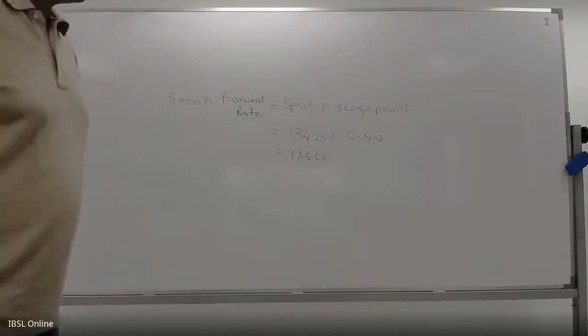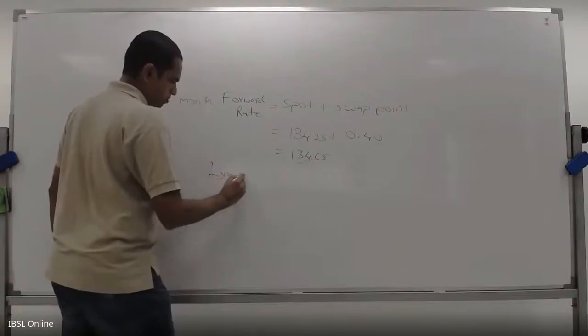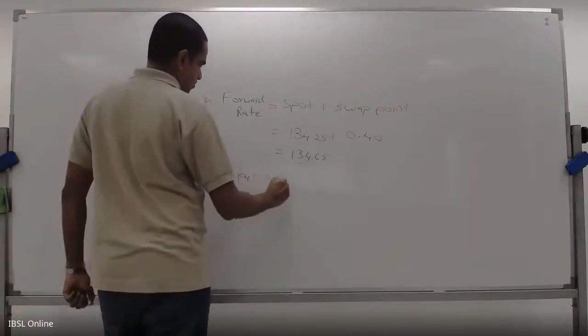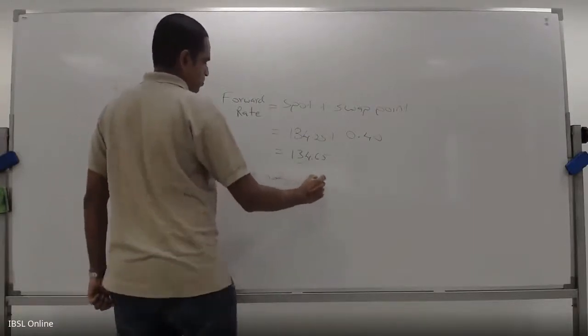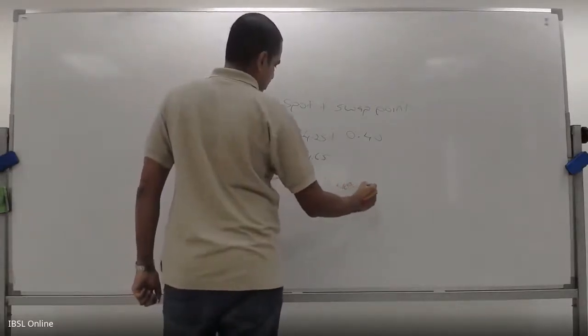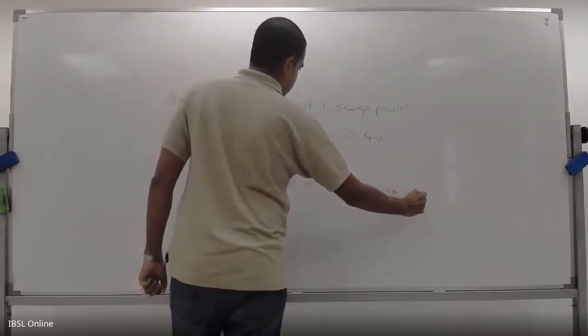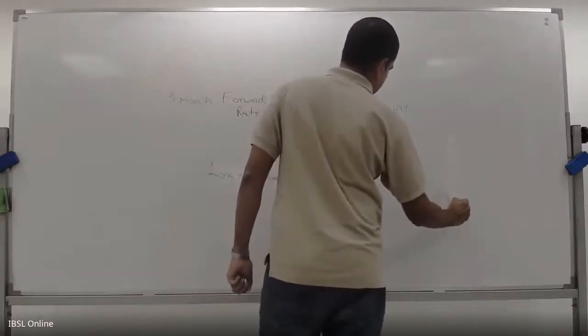So if he goes long put option on dollar rupee at a strike price of 125, right?